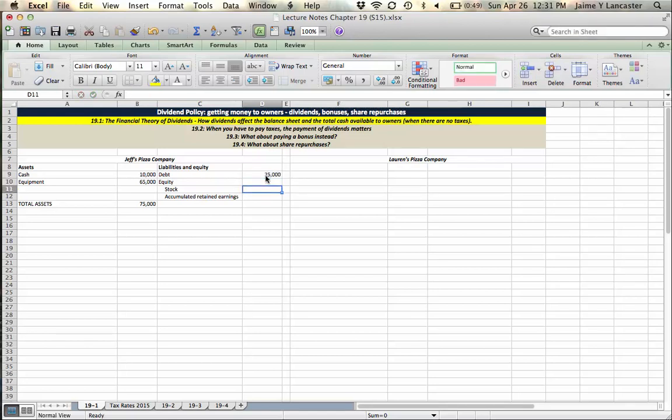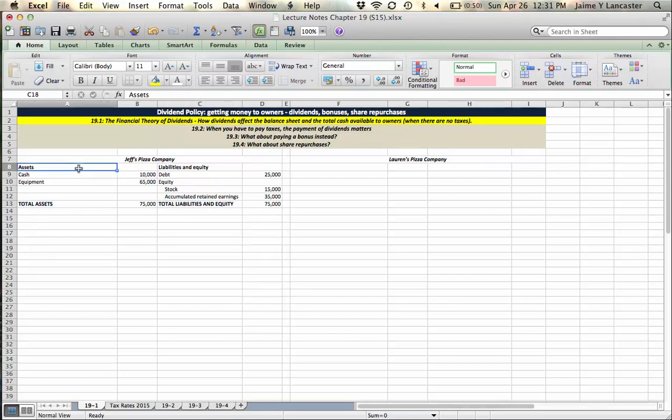In terms of equity, he's got $15,000 in stock. He put in $15,000 to start the business. And then over time, he has retained $35,000 in net income that he hasn't paid himself, which means his total liabilities and equity is also $75,000, right? So we've got a balancing balance sheet.